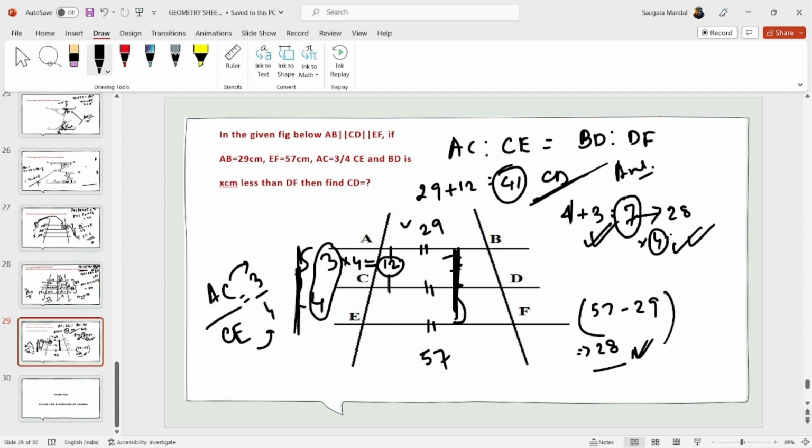That is, we can get the multiplying factor 4 and we can multiply with 3 into 4, 12.